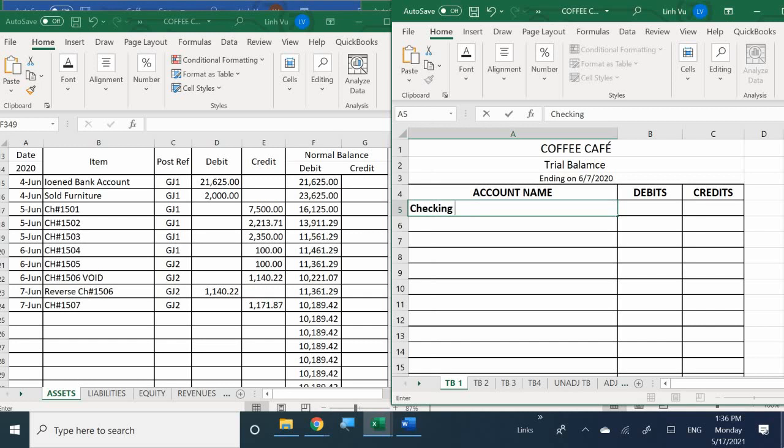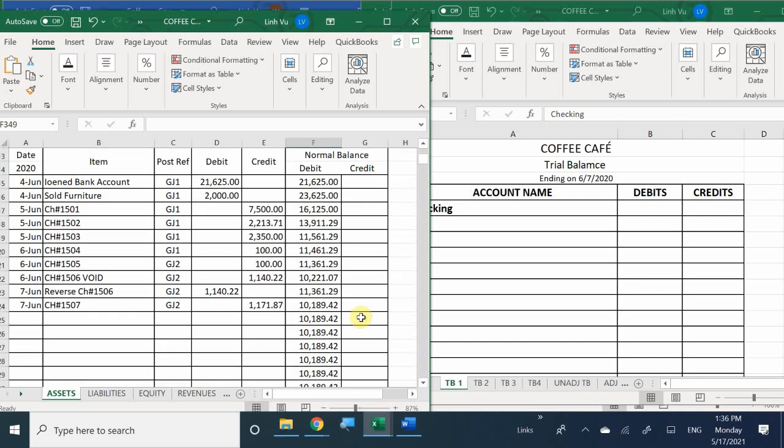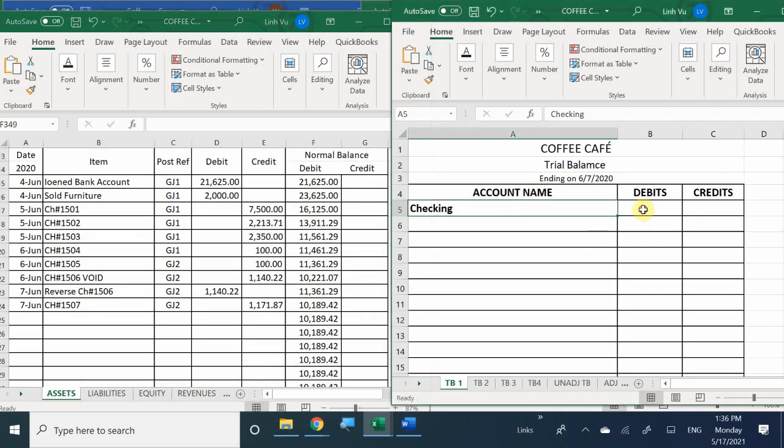I would prefer you to type it in. You can copy and paste, as long as you make sure that your numbers do match. So what is my current balance in my checking account? 10,189.42.